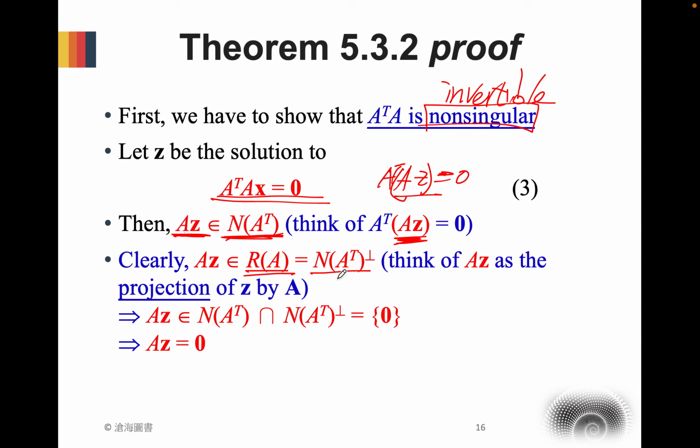So now we know that A z is in the null space of A transpose. It is also in the orthogonal complement of the null space of A transpose. Obviously A z is in the intersection between these two subspaces, and the intersection of this one and its corresponding orthogonal complement would be the 0 vector. Therefore, we know that A z is equal to 0.